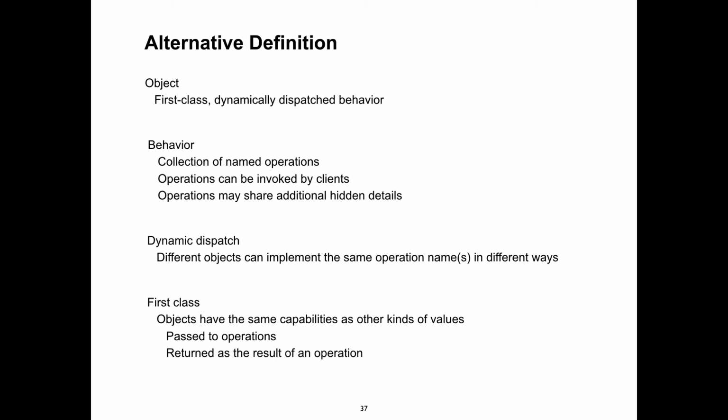So the object has the same capabilities as other values, right? When they call a function first class, they're saying it's at the same level as functions defined in the language.